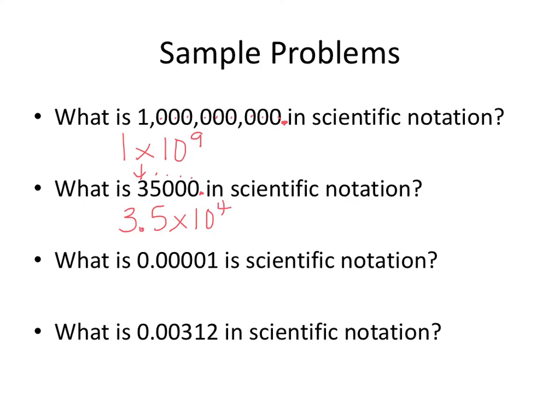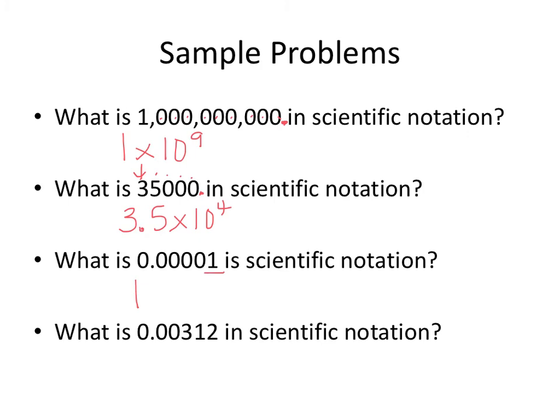Okay? Now, when you're dealing with a number less than 1, this is where the negative exponents come in. All right? And the rules are kind of the same. The non-zero digit furthest to the left gets recorded. But when it's after the decimal, you do include the 1 in your count, okay?